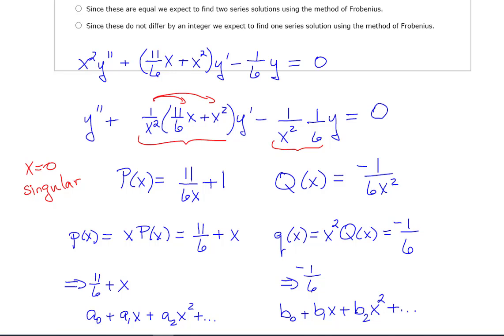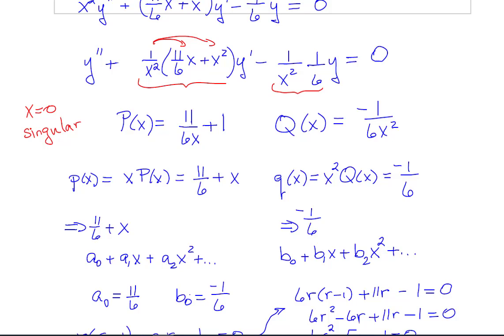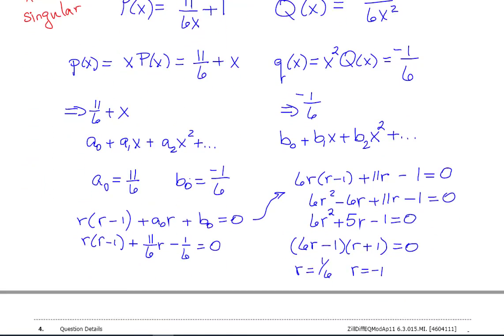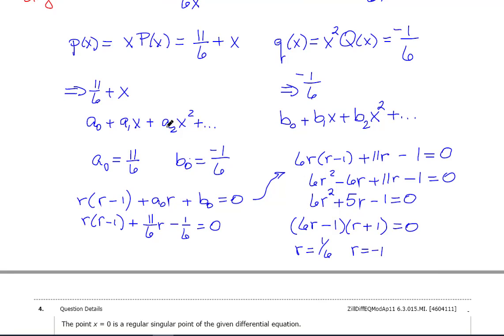So the assumption is, because these look like this, then p and q can be written as a series representation. So matching this up, A0 is 11/6, B0 is minus 1/6. That is filled into the equation that we saw in section 6.3, where we fill in A0 and B0.